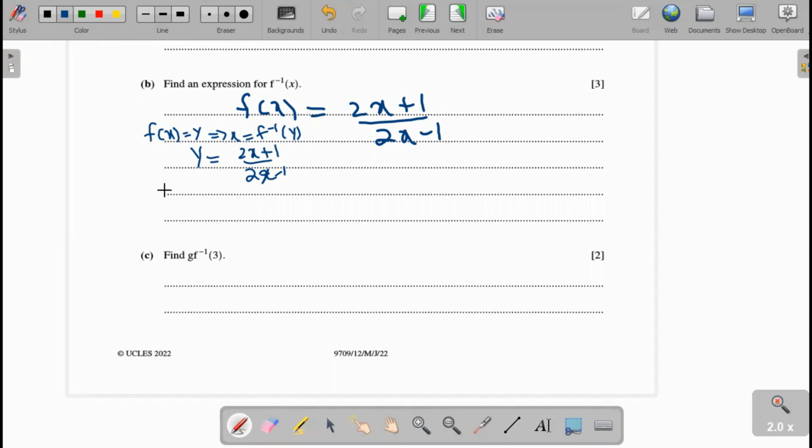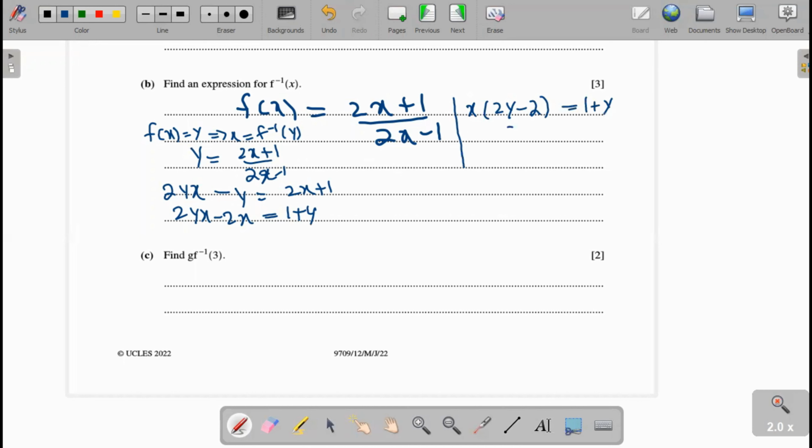Now we multiply this 2 into yx minus y equal to 2x plus 1 to make x the subject. We shift x toward the right side. Now that is 2yx minus 2x equal to 1 plus y, and we shift the y towards the right. Now we take the common. X is common, that is 2y minus 2 equal to 1 plus y.